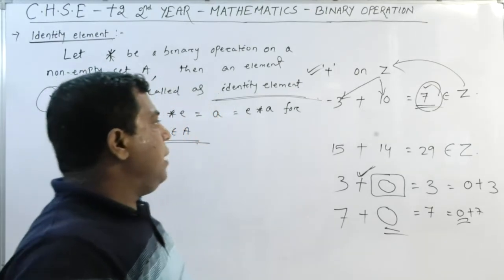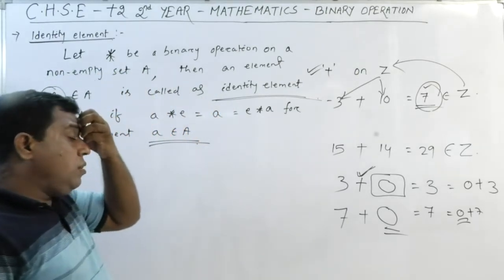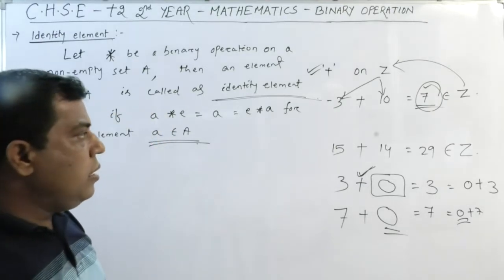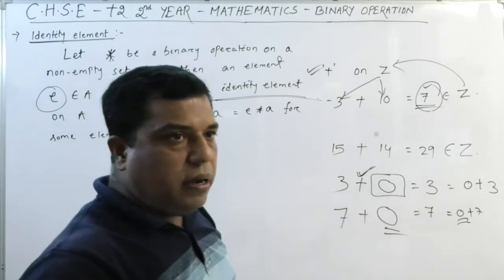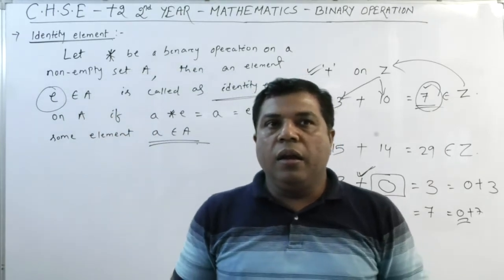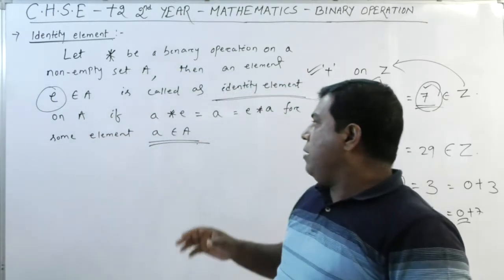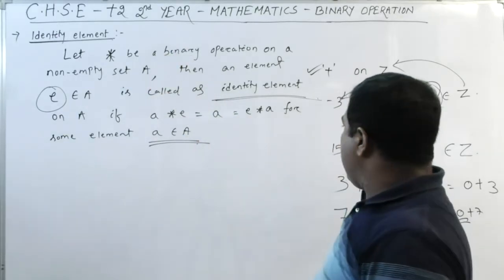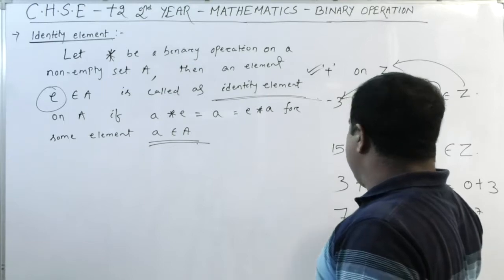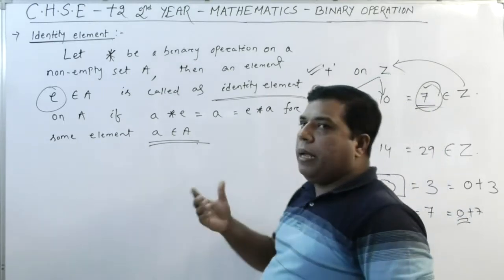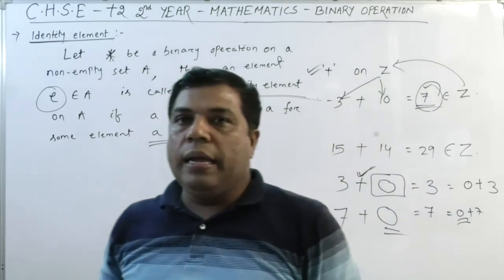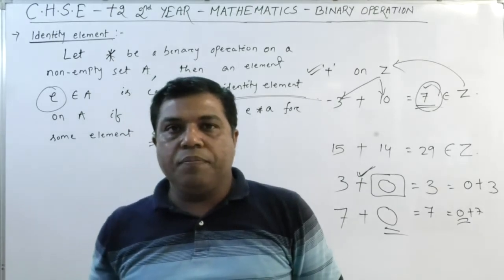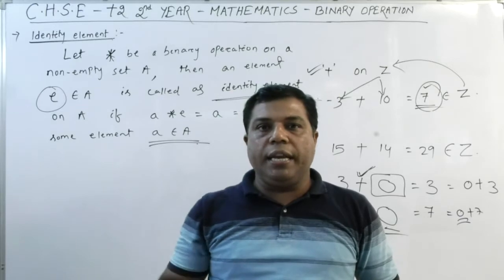Now what is the observation we made with the concept of identity? One thing is very clear: if the identity exists, then the identity element is unique. It is not differing from element to element. It is unique in nature.